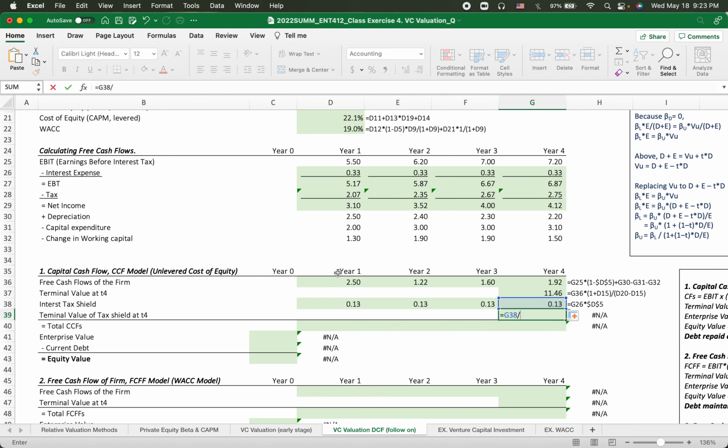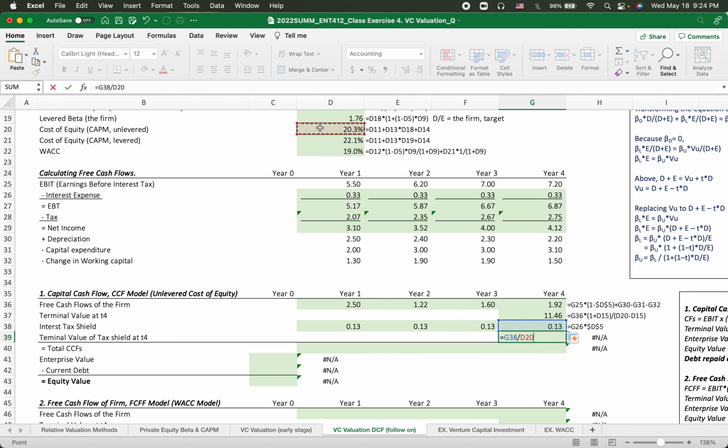So we get the terminal value of the tax shield at the end of year 4, but it's not growing, so we are not using the constant growth rate for this terminal value. So 0.13, the interest tax shield, over 20.3%, and we got 0.65 as the terminal value of the tax shield at year 4.